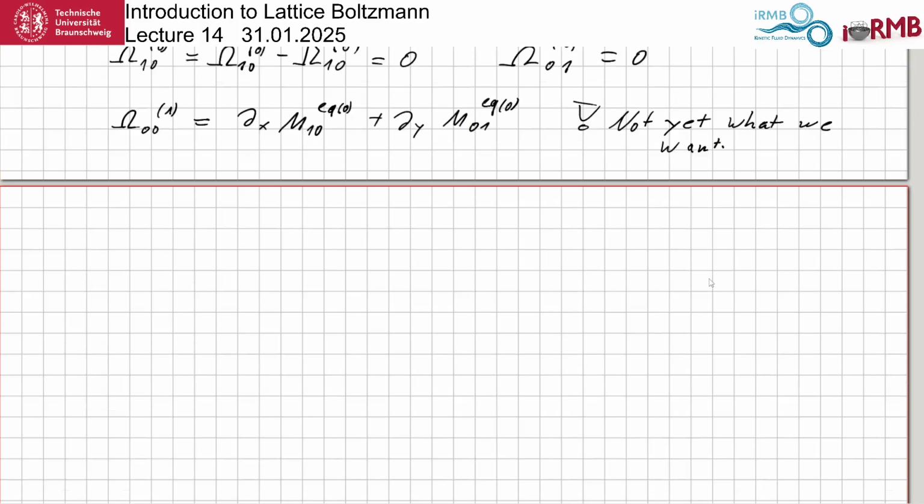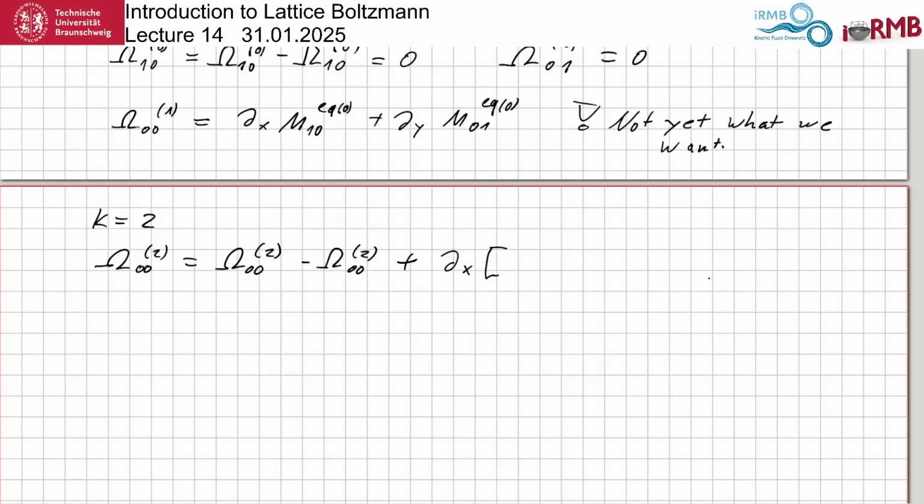Since we are not done, we just go up with k equal to 2, omega 0, 0 to second order is omega 0, 0 to second order minus omega 0, 0 to second order, plus dx.